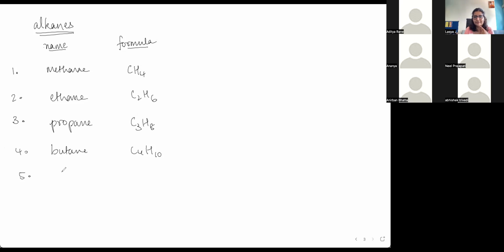Abhishek, fifth one. Pentane, C5H12. Correct. And Aditya Verlikar, sixth. Hexane, C6H14. Yes. Aditya Mundra, seventh. Heptane, C7H16.